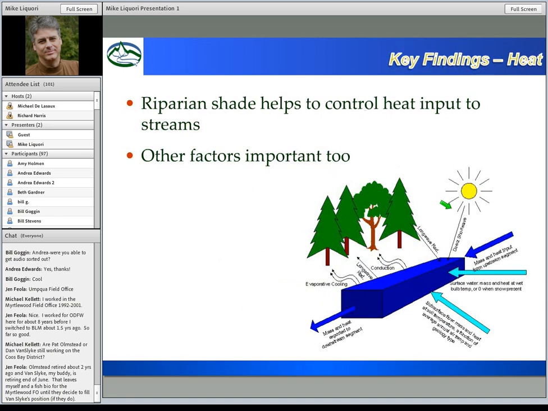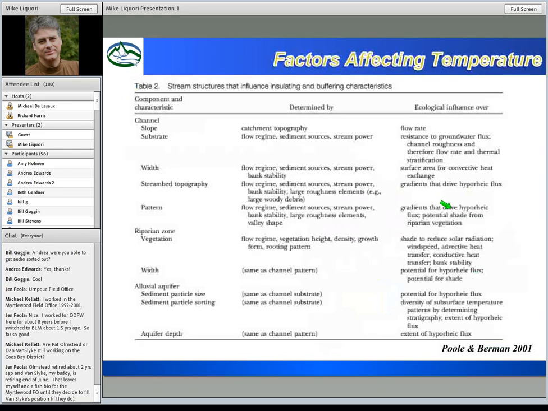Riparian shade helps to control heat input to streams, but there are other factors that are important too, and I think in recent years, shading has often been the dominant variable that is managed, but understanding how these other functions affect the overall thermal regime is important if you're going to start actively managing the system.